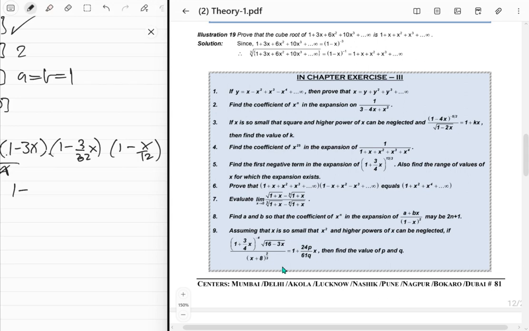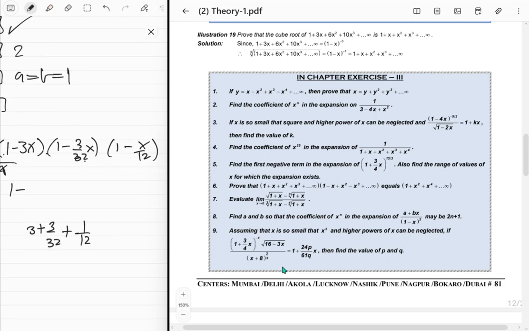So let's look at it. 3 upon 32 plus 1 upon, oh, this is really bad. 3 plus 3 upon 32 plus 1 upon 12. It's a multiple of 4. But I multiply by 3. So 3 plus 9 upon 96, plus, well, got multiplied by, now what is 96? 8?